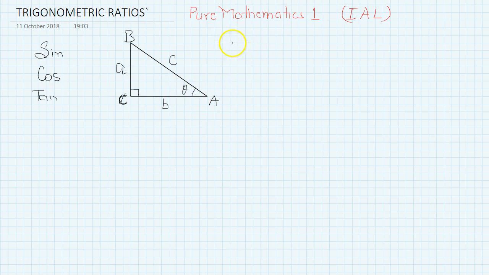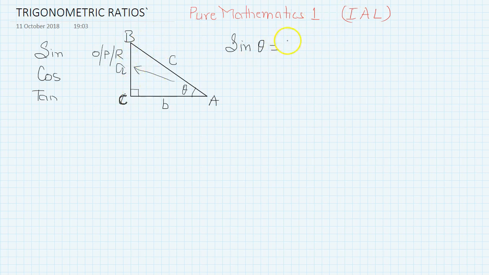So sine theta is the ratio of, we can say sine theta is equal to the opposite, you can call it perpendicular, you can call it rise.